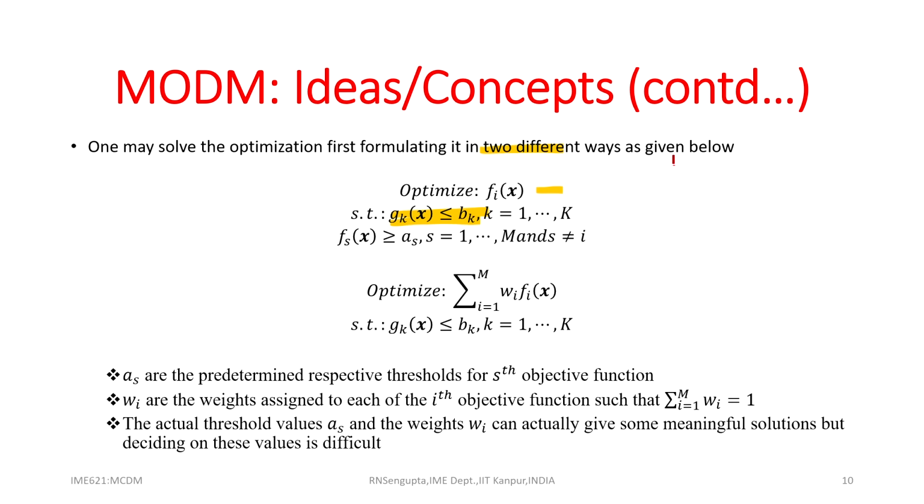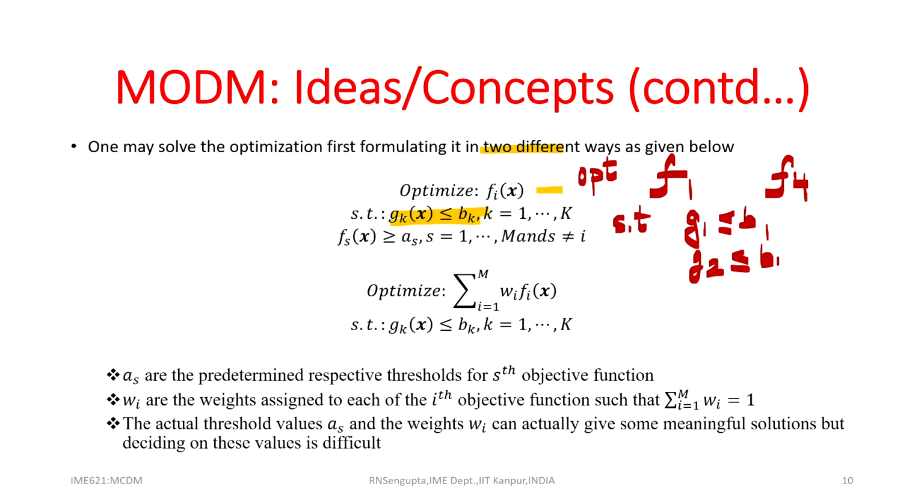So, consider the same problem, consider here f1 to f4. You want to optimize, and I will use the word optimize, it can be maximum, minimum, whatever it is, subject to conditions: I will consider g1, I am not writing x, g1 less than equal to b1, and the second constraint is g2 less than equal to b2.